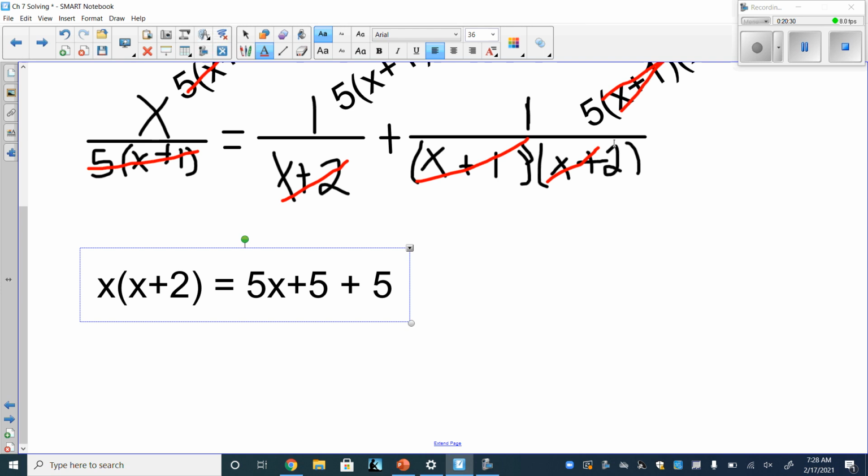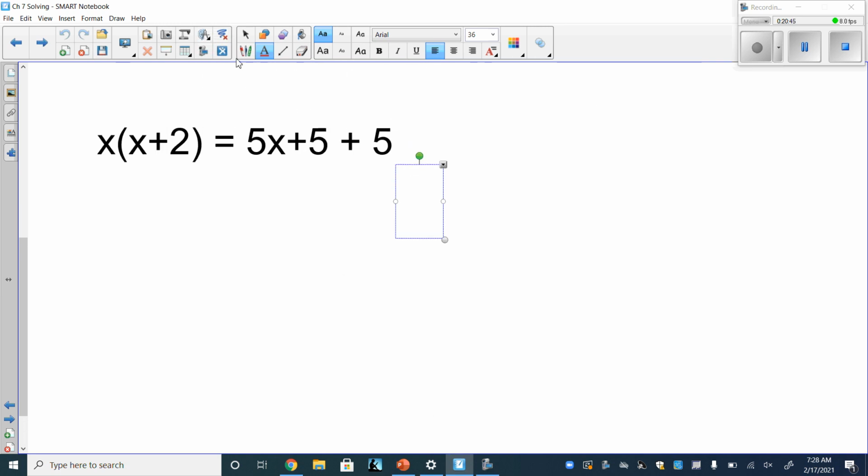So once we multiplied through by 5 times x plus 1 times x plus 2, we got x times x plus 2 equals 5x plus 5 plus 5. So it simplified down so that I don't have any more fractions. We don't have any more rational expressions in this equation. So now we can go on and solve. The first thing in solving is going to be distributing these here, getting rid of any sets of parentheses that we have.